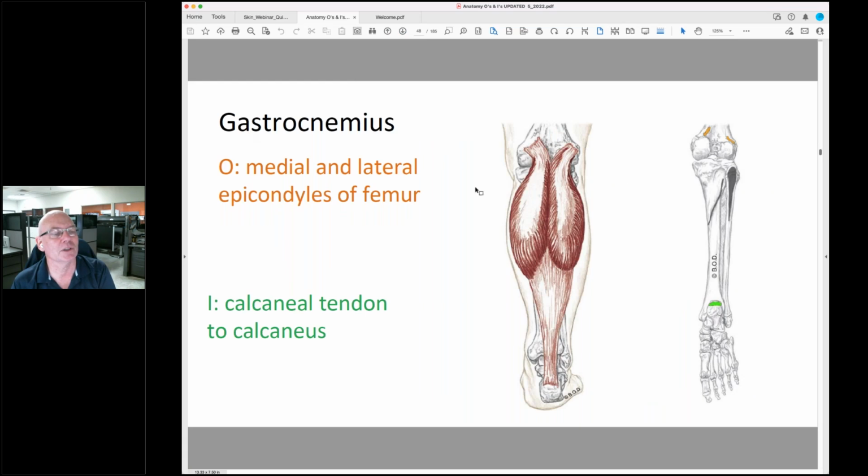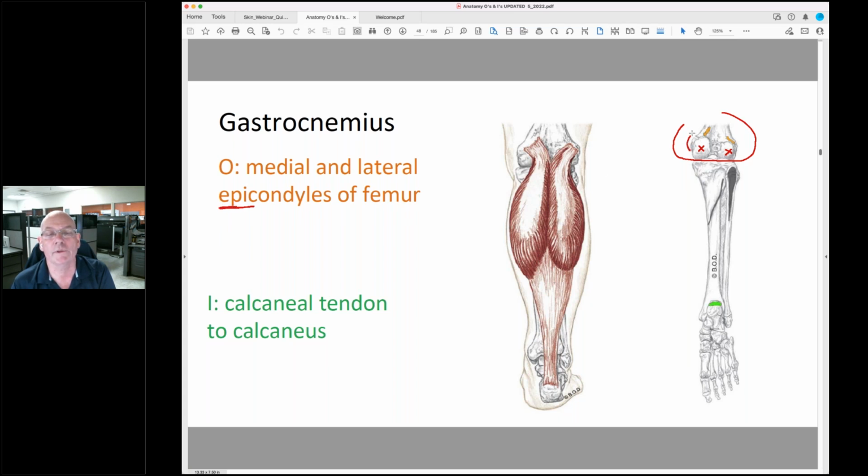Once again, here's the origin and insertion: medial and lateral epicondyles of the femur. So this is the femur right here, okay? These are the condyles. Bumps right here are the condyles. Epicondyle means, epi means above.